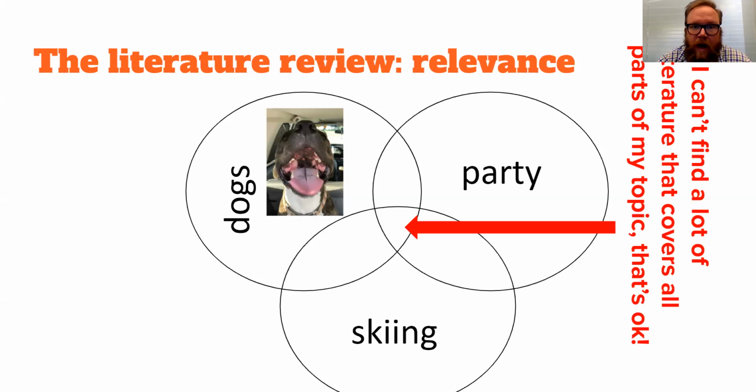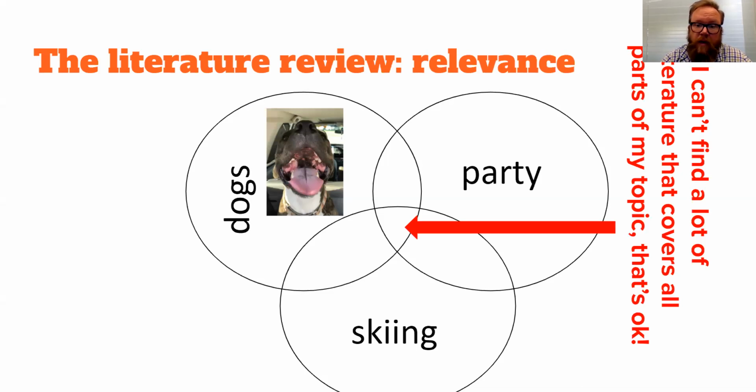So what I want to talk about right now is that when I'm researching this topic, I might want to set out to find stuff that exists in that tiny little triangle in the middle where there's overlap between all three. I want to find articles that talk about dogs who party by skiing, or dogs who ski while partying, or whatever it is. But there might not always be a ton of stuff on exactly that topic.